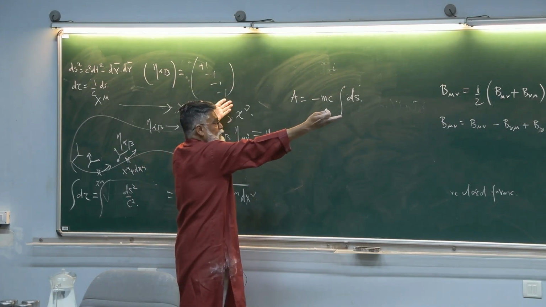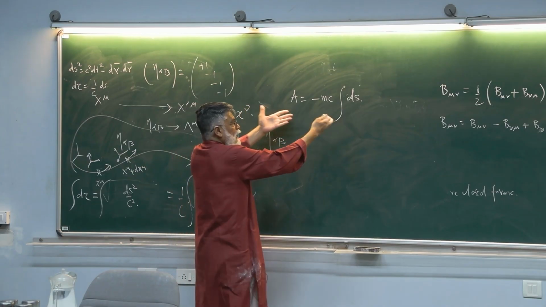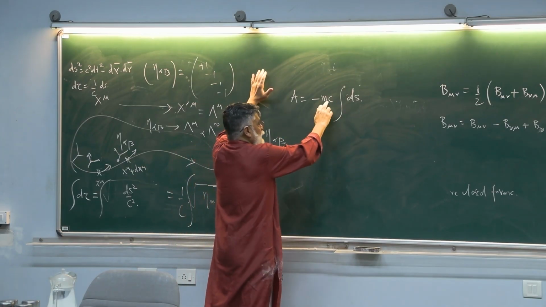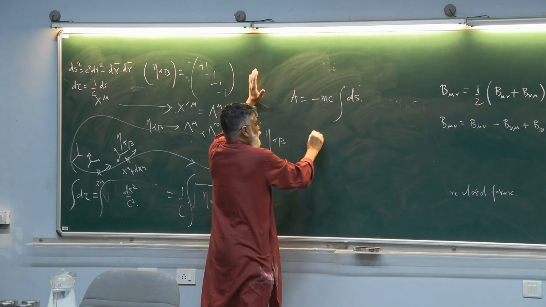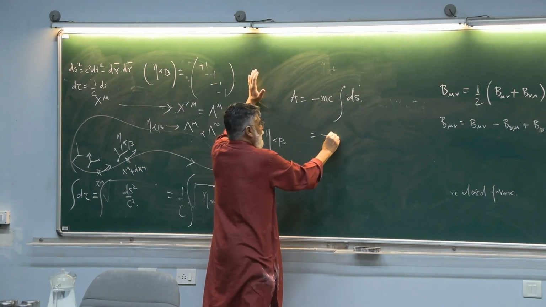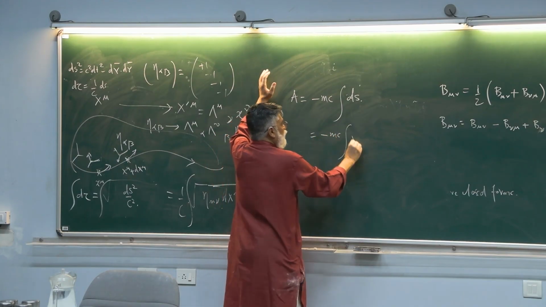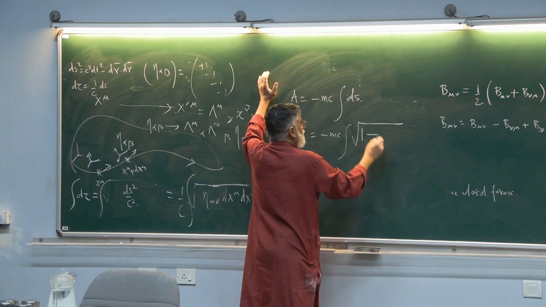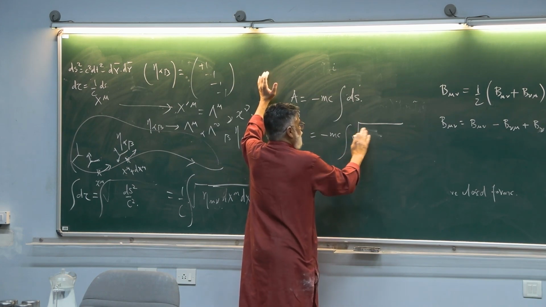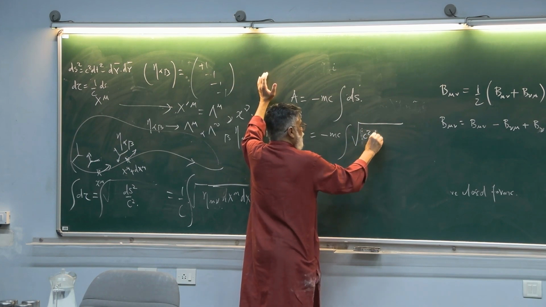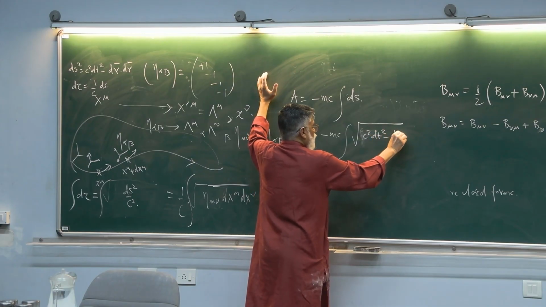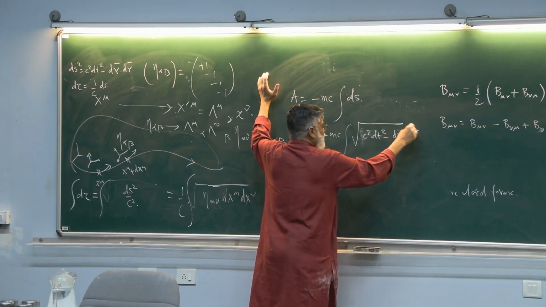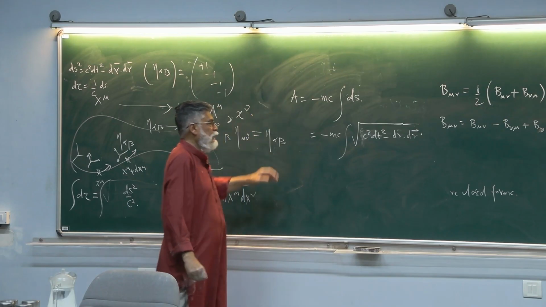So it is invariant under Lorentz transformation, and m is the rest mass, it doesn't change. So let's write down carefully: square root of c square dt square minus dr dot dr. This is the last thing I will do, and then we can discuss.